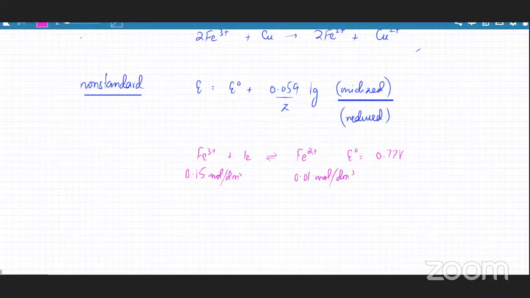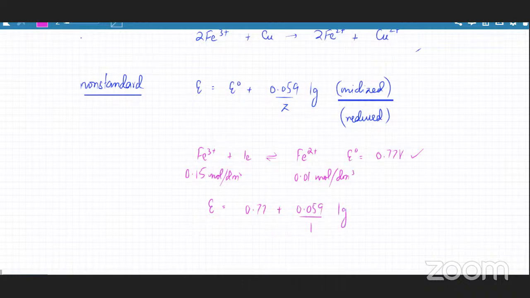अब E cell calculate करने से पहले the first thing is you would have to figure out the non-standard potential. Non-standard potential would be E is equal to E naught, which is 0.77 plus 0.059 divided by z. Now z is the number of electrons, which in this case is exactly 1.